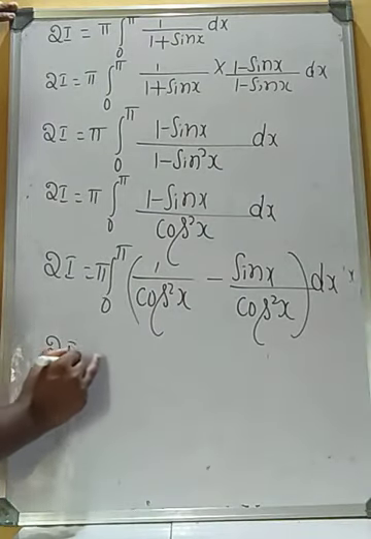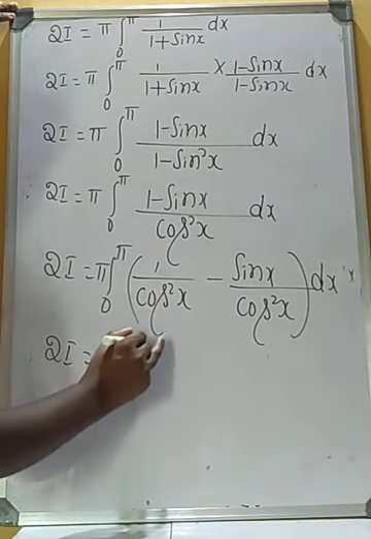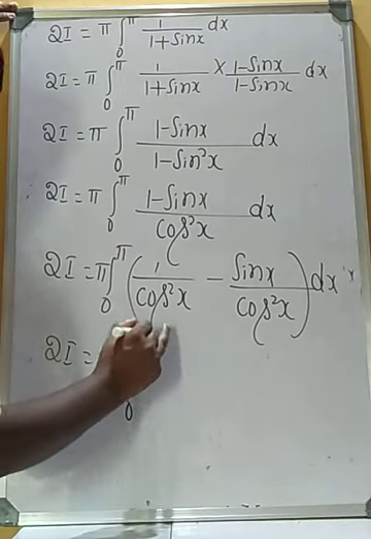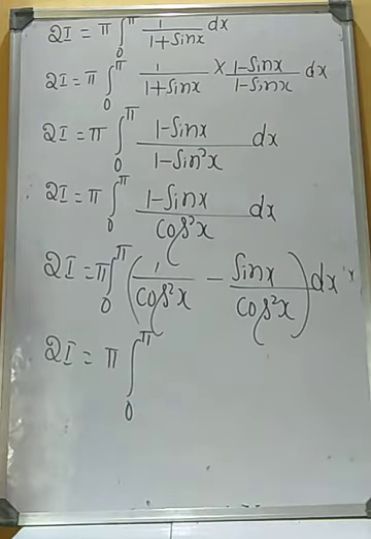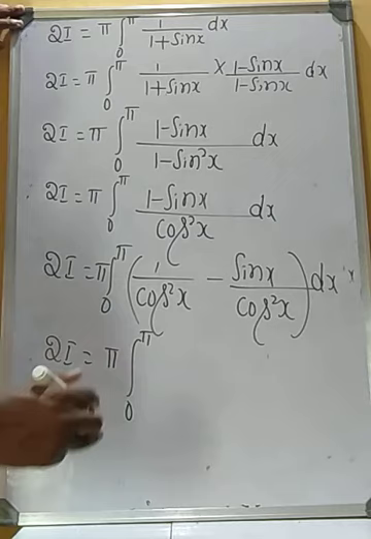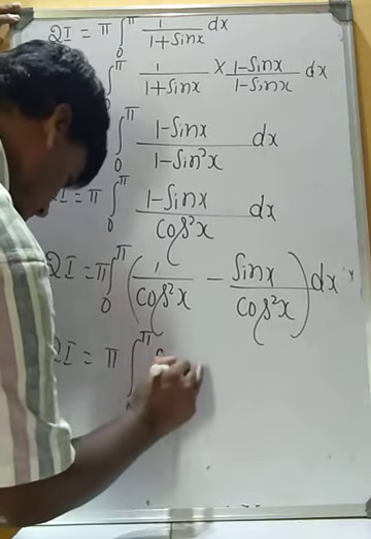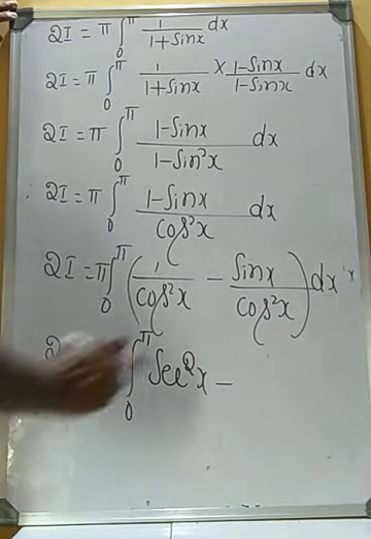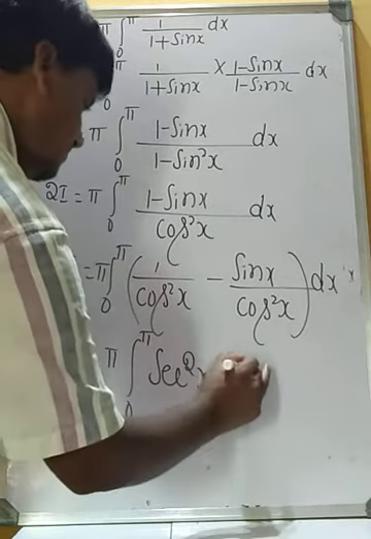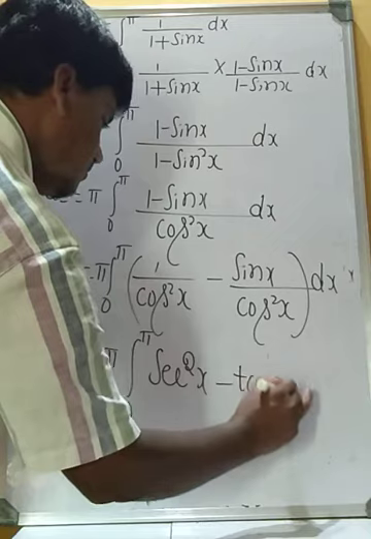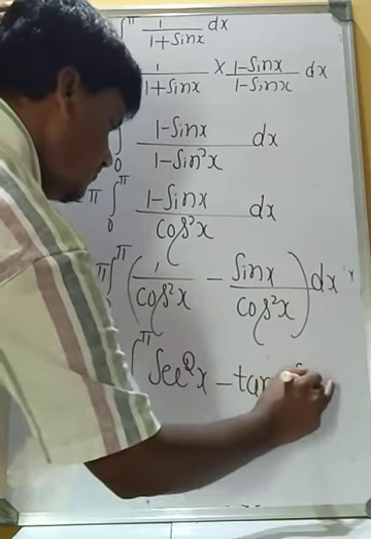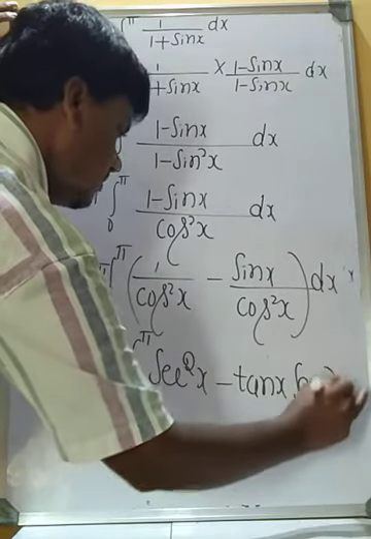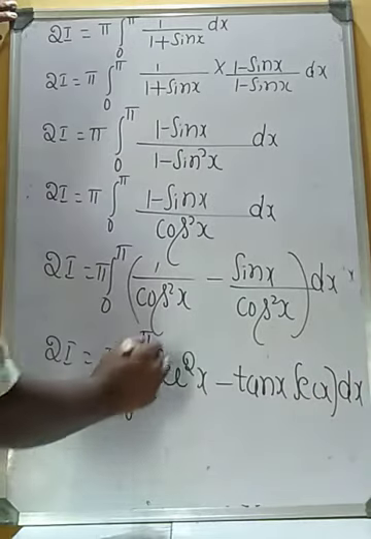That is 1 by cos squared x is secant squared x, minus sin by cos, that is tan x, into 1 by cos, that is secant x, into dx.